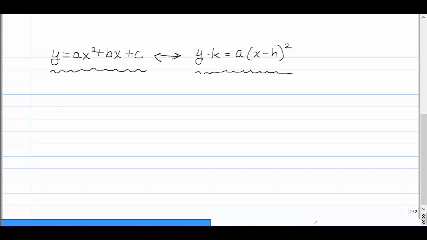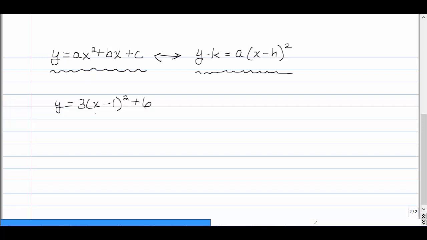If we're given an equation in vertex form, like y equals 3 times (x minus 1) squared plus 6, we just have to simplify and combine like terms, and then we'll have the y equals ax squared plus bx plus c form.